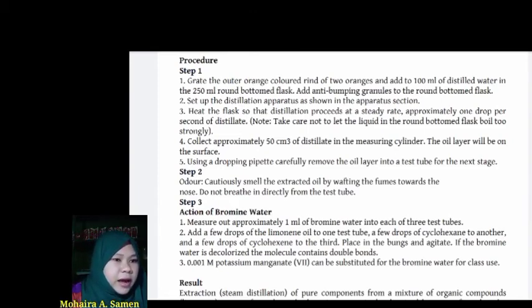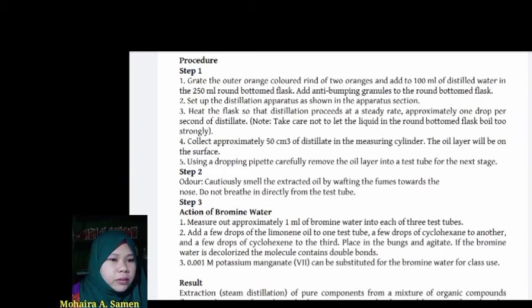Number 2, set up the distillation apparatus as shown in the apparatus section. Number 3, heat the flask so that distillation proceeds at a steady rate, approximately 1 drop per second of distillate. Take care not to let the liquid in the round bottom flask boil too strongly.